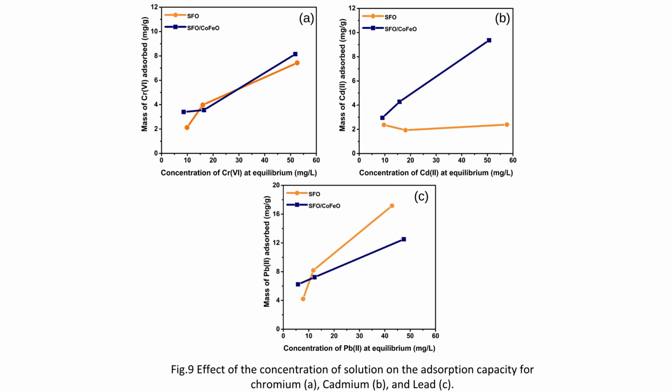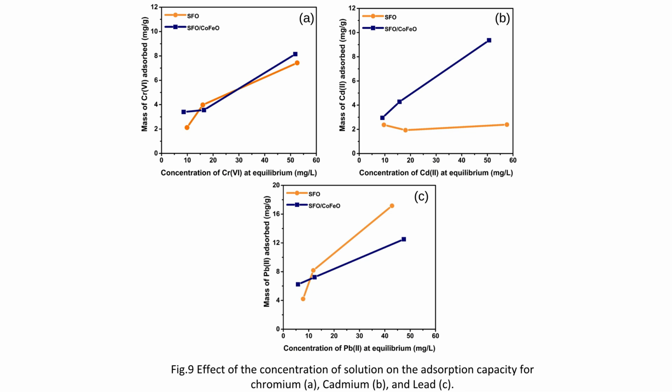In the case of cadmium, as shown in Figure 9b, we observe that the cobalt ferrite sample adsorbs more cadmium, reaching a maximum value of 9.36 mg per gram, whereas the strontium hexaferrite sample achieves a maximum value of 2.39 mg per gram. For the lead in Figure 9c, we observe that the strontium hexaferrite sample adsorbs more lead, reaching a maximum value of 17.16 mg per gram, whereas the cobalt ferrite sample achieves a maximum value of 12.51 mg per gram.